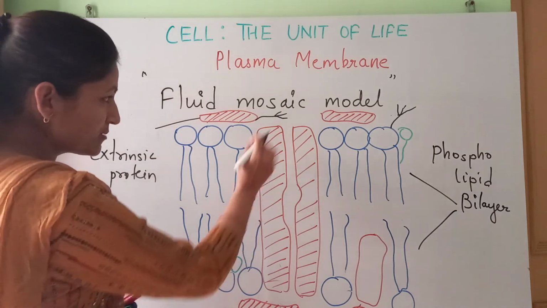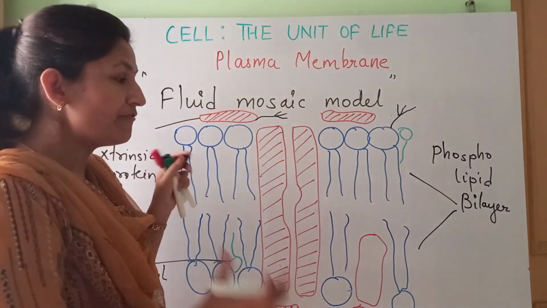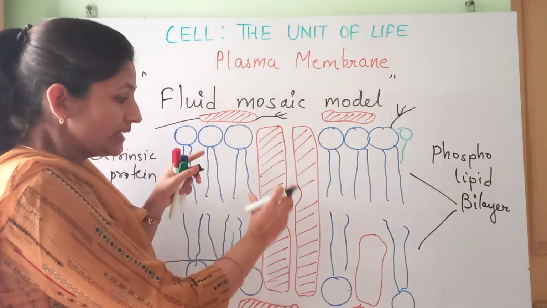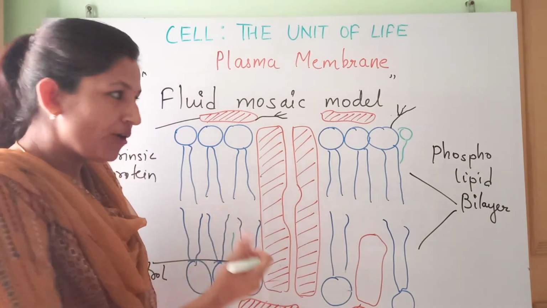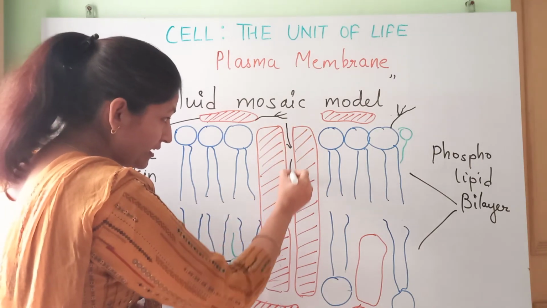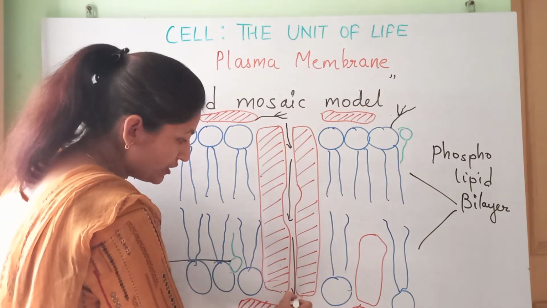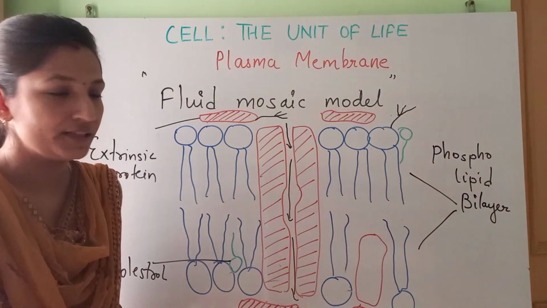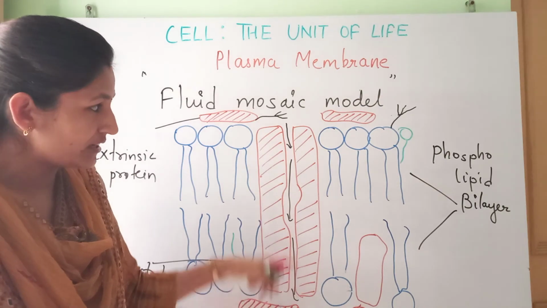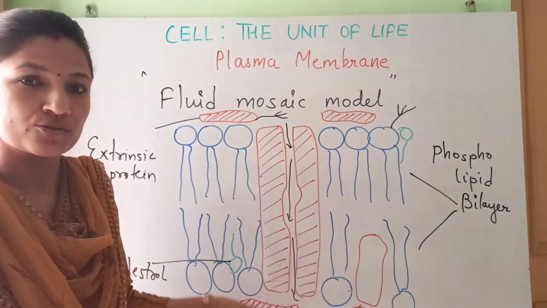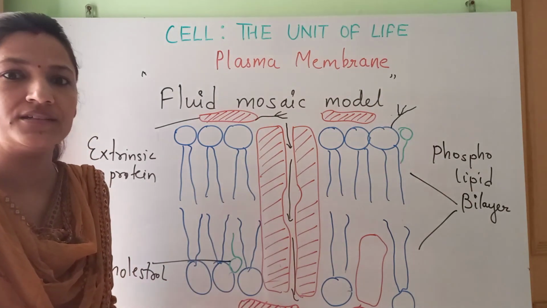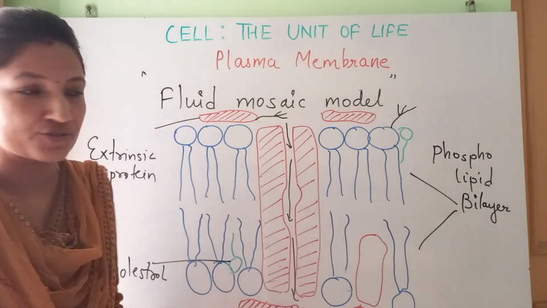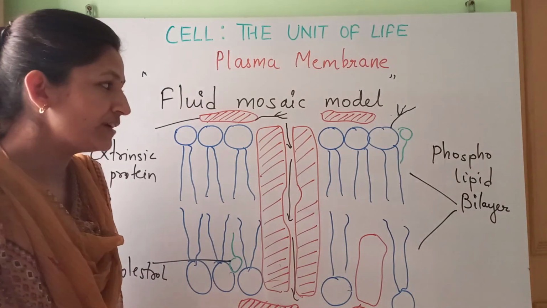Okay, this protein which is completely fit in between the layer of the lipid molecule is going to form a channel. This is the pore through which the molecules can cross. Which type of molecules? Water soluble molecules can easily cross the membrane through these channels. So these proteins help in forming the gated channels. Okay? They also act as a carrier protein, which helps in the movement of molecules.